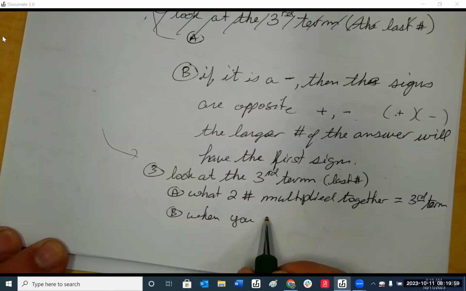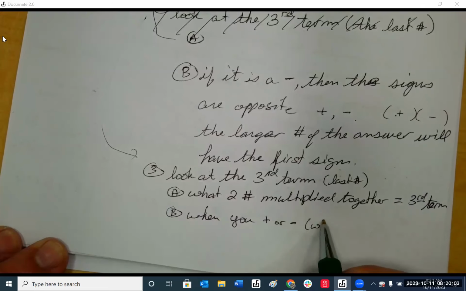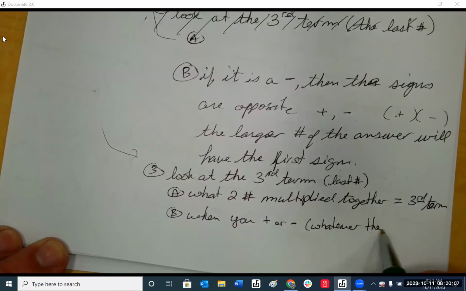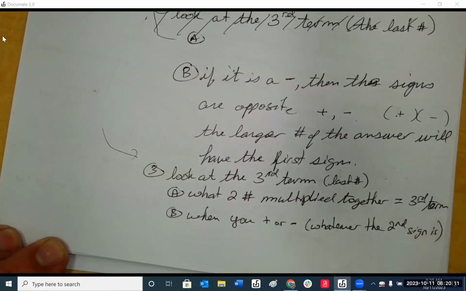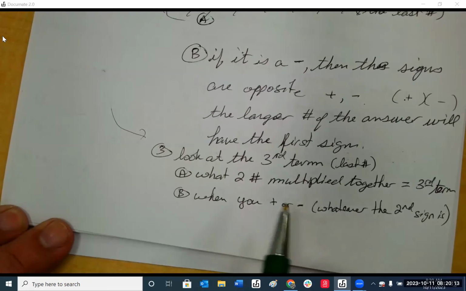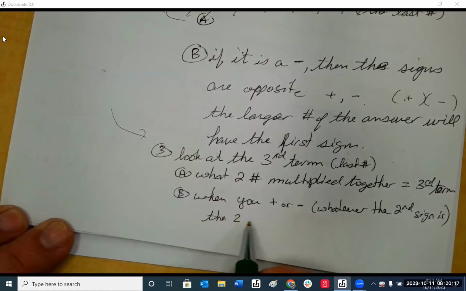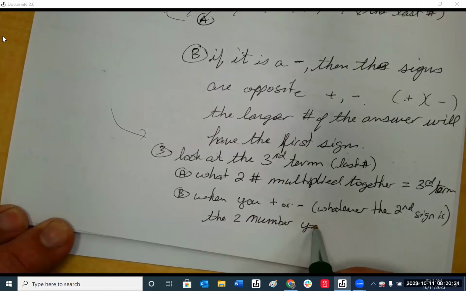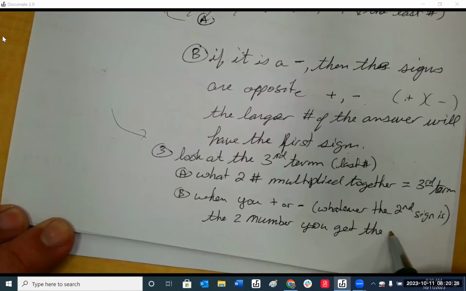When you add or subtract, whatever the second sign is, when you add or subtract the two numbers, you get the middle number.